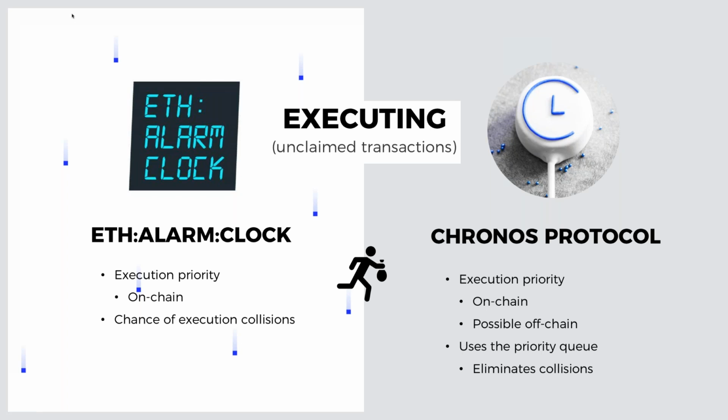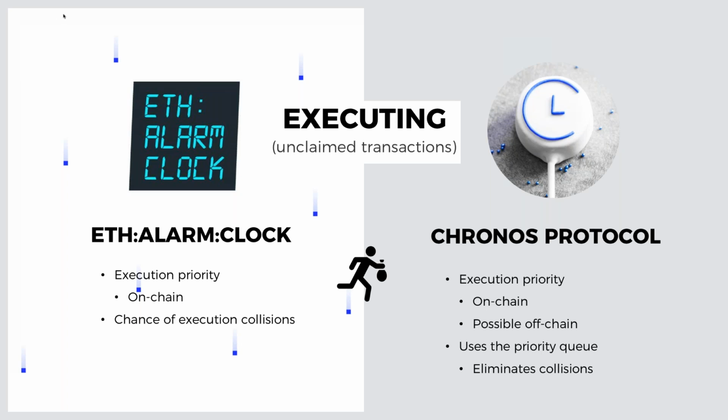In the Ethereum Alarm Clock, the way of deciding who will execute this transaction is also on chain, similar to the way the claiming works. If multiple people try to execute the transaction in the same block, only one of them will succeed. So there is a chance of execution collisions, and this is something that we have tried to avoid while building this new Chronos protocol.